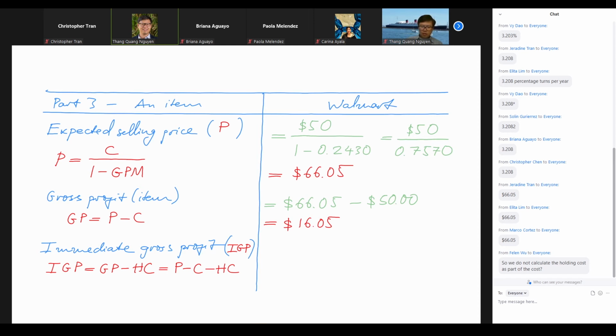Oh, by the way, I would like you to try it. Please find out the information and find the answer to this question. So what would be the immediate gross profit, right? We need to look around the table and find the correct numbers and do the calculation. So please figure that out and share. What would be the IGP of this item?